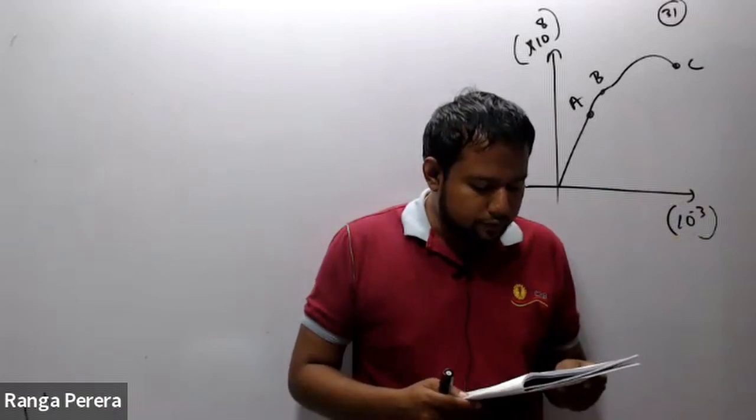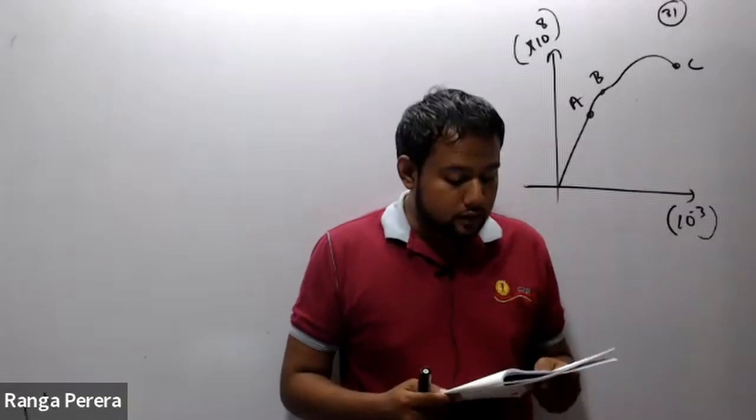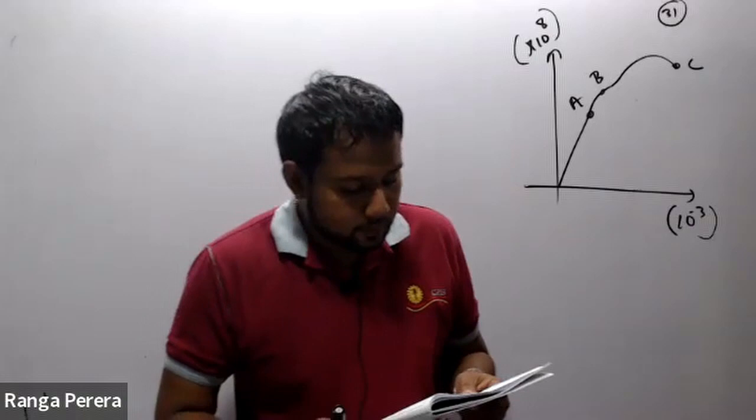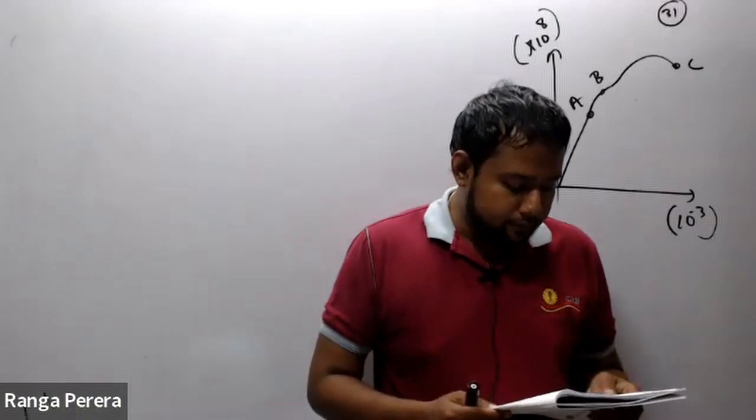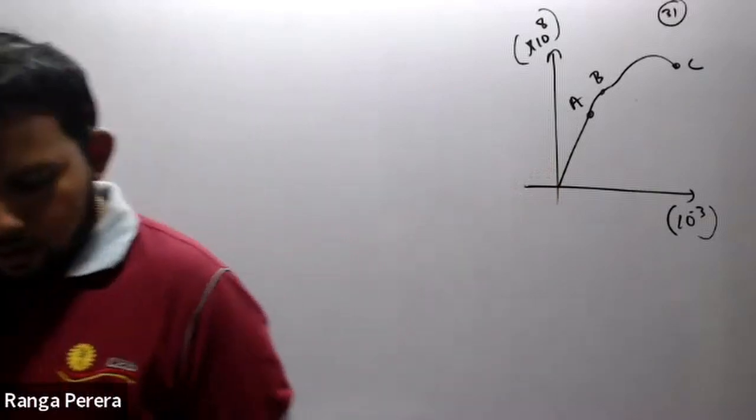The soil has a uniform density of 3 × 10 to the power 3. It is not solid, it is soil. Can you make this correction? I added this question as a new question. There's a small mistake. The soil has a uniform density of 3 × 10 to the power 3 kg per cubic meter.